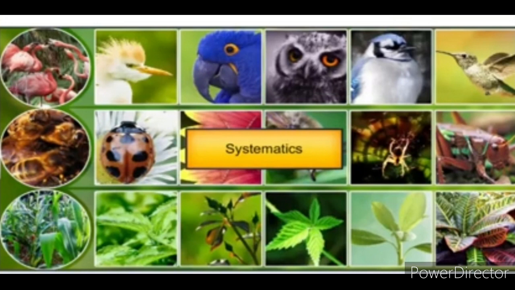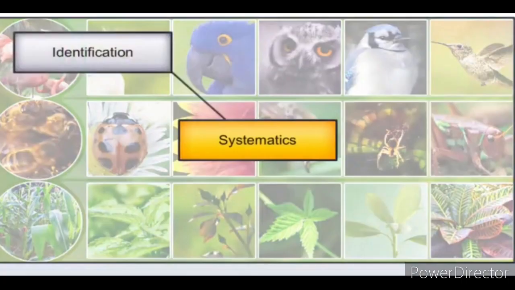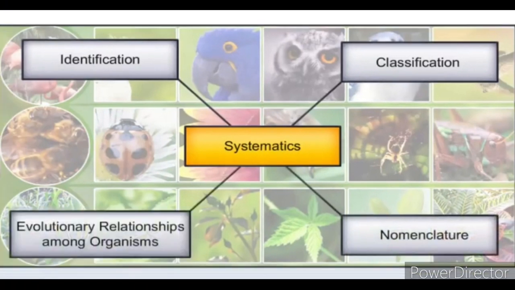Carolus Linnaeus wrote a book and gave it the name Systema Naturae. The scope of systematics was later enlarged to include identification, classification, and nomenclature, giving the name of an organism. Systematics takes into account the evolutionary relationships between organisms.